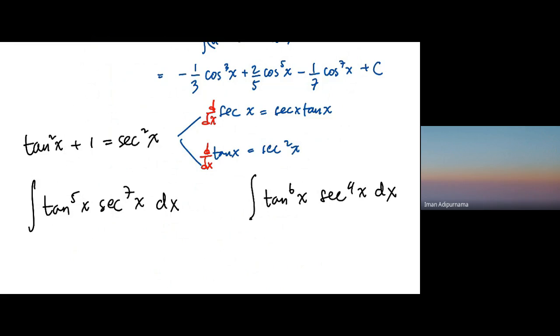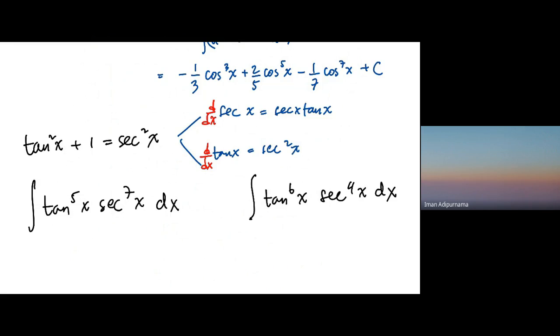Now, what will this do to our two examples? We need to find a way to separate secant squared or secant x tangent x, so that when we have u and try to find du, we can cancel this.